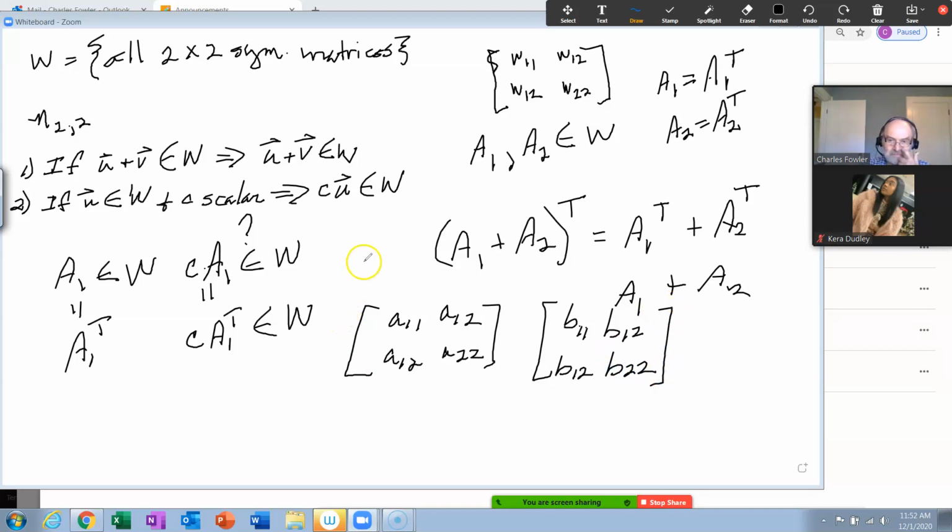And if you add these two together, A1 1 plus B1 1, A1 2 plus B1 2, A1 2 plus B1 2, that's symmetric, and these two don't matter. And if you did C times either one of those, that would be C A 11, C A 12, C A 12, and C A 22.